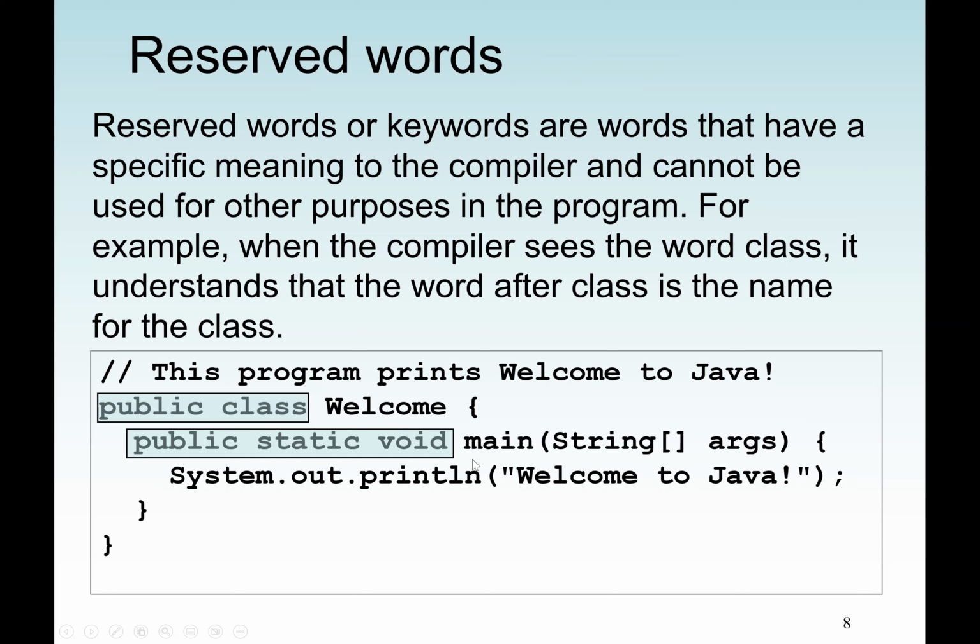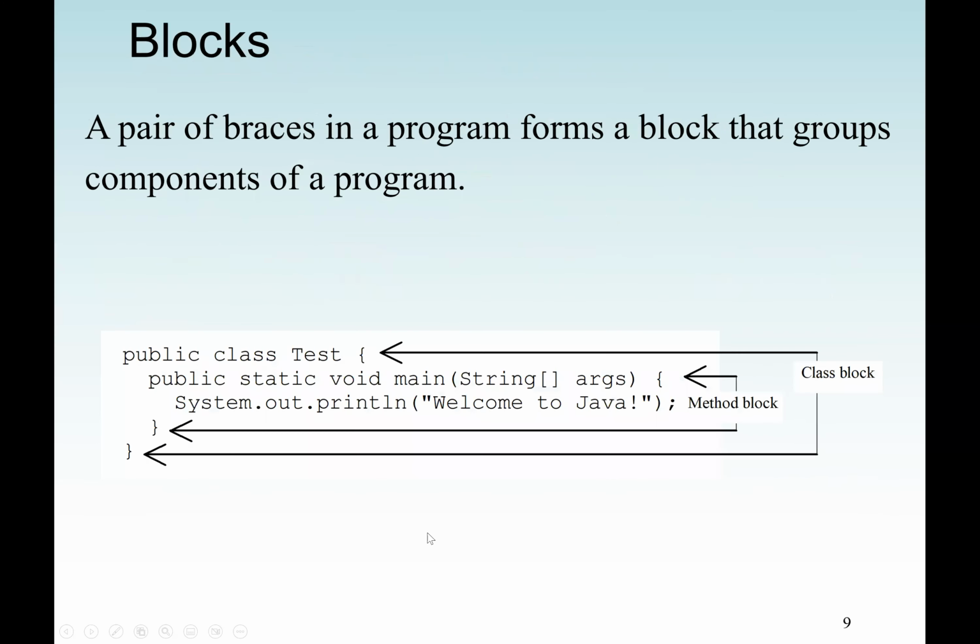If the method is expecting a returning value, if we write int here, that means the returning value is an integer, a whole number, or double means it's a decimal number. So here, public means any element in this program can have access to or can see the main method. Static means any method that doesn't depend on a class or object is static. And void again means no return. We shall go through all these keywords again in our future lectures.